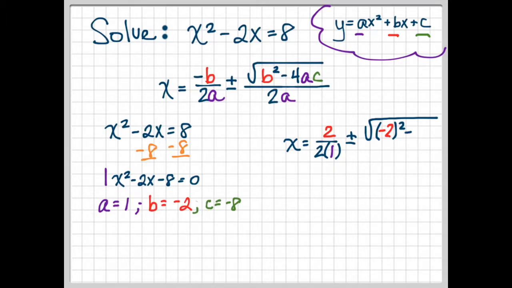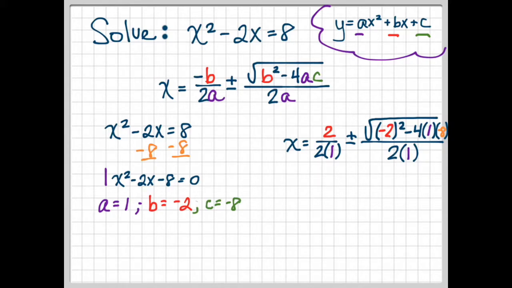So continue with our formula, minus 4 times a times c. So again, a is just going to be 1, and in this case our c is going to be negative 8. And that whole quantity is going to be over 2 times our a, which is 1.